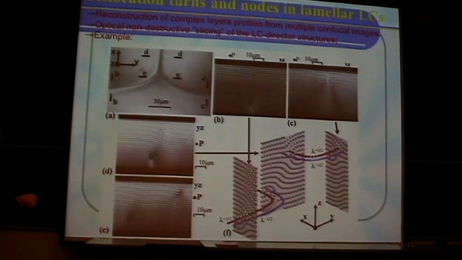The examples I show here show even more complicated structures that can be achieved, in particular in terms of the dislocations in the cholesteric layer structure.